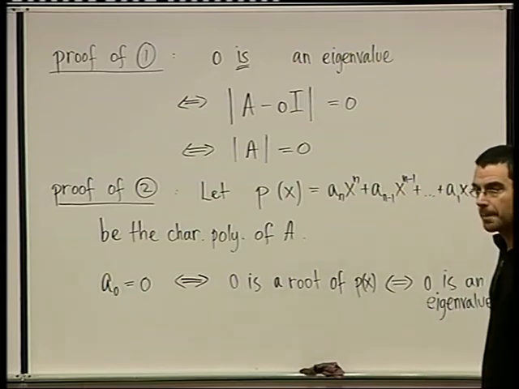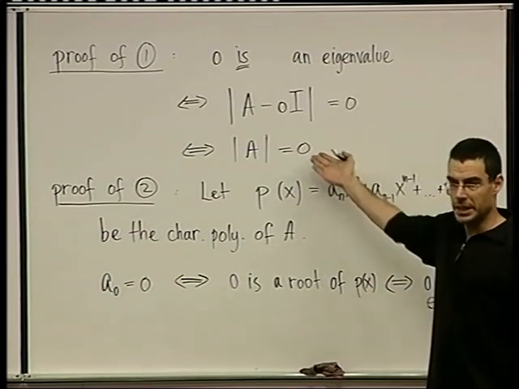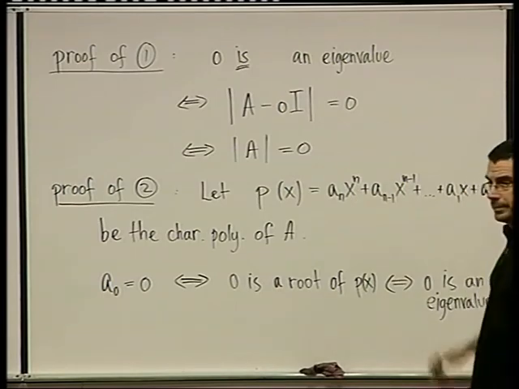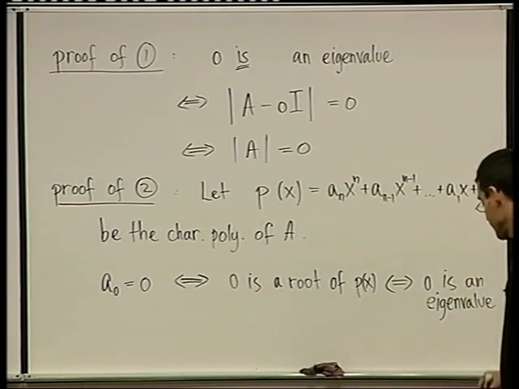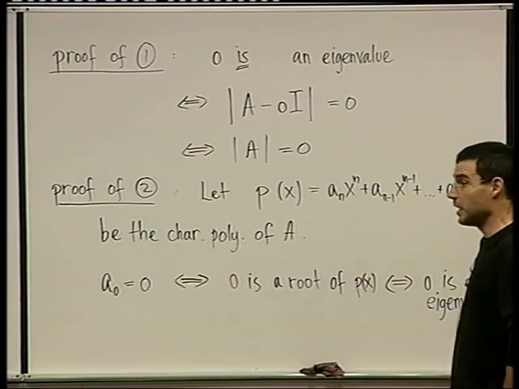Do you agree? But if 0 is an eigenvalue, then A is not invertible. Okay? So that's it. Good?